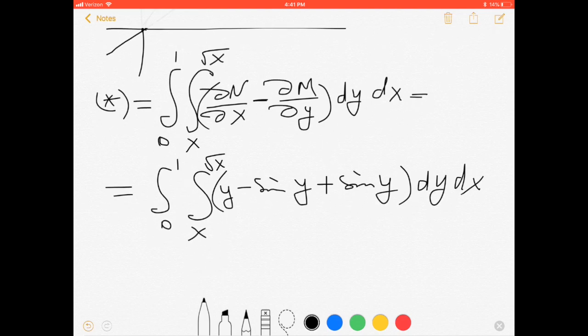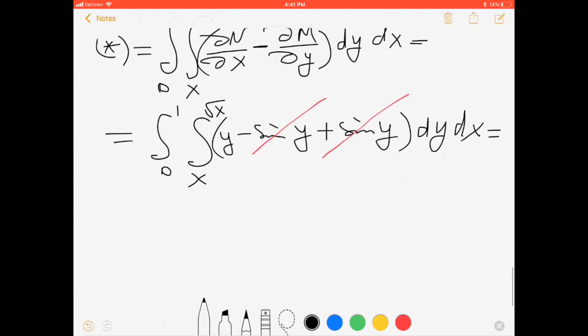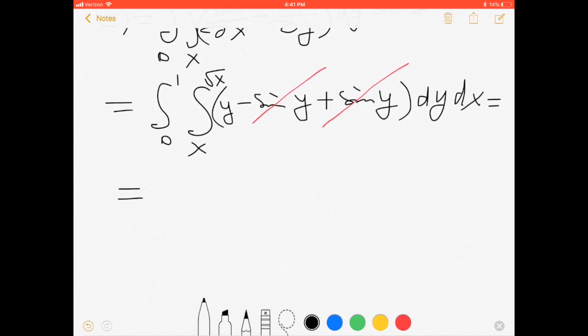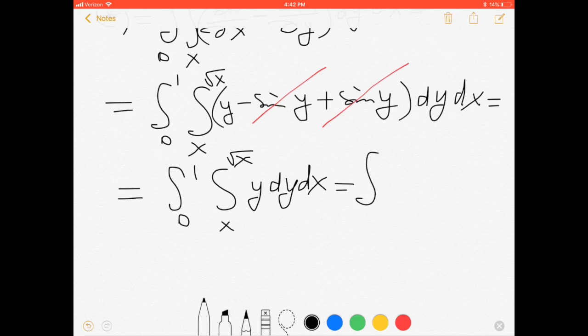Sine y and sine y cancel, and I have the integral from 0 to 1. Okay, write one more time: y from x to square root of x, y dy dx. From 0 to 1, it will be 1/2 y squared from x to square root of x, dx.